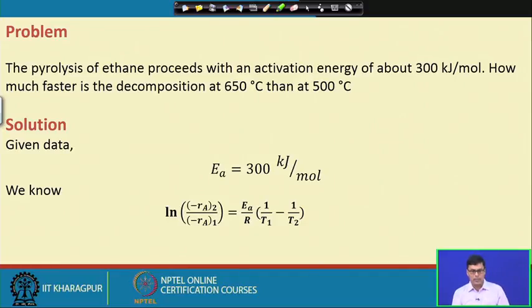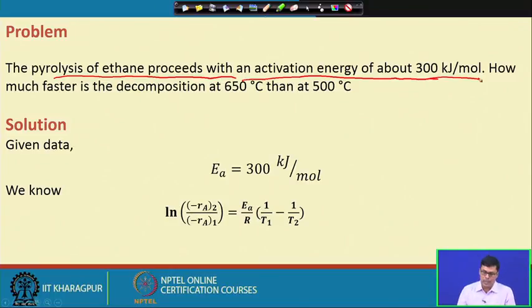Now, let me go to the next problem. This deals with the pyrolysis process: pyrolysis of ethane proceeds with an activation energy of about 300 kilojoules per mole. Here I want to point out that in the last lecture we calculated the activation energy of a particular process, the pasteurization process. Now, here the problem is a little bit different.